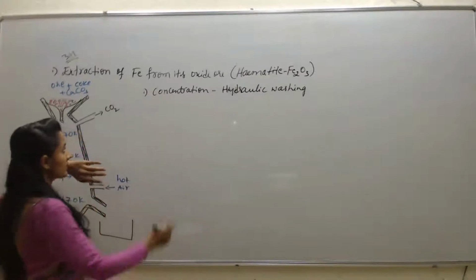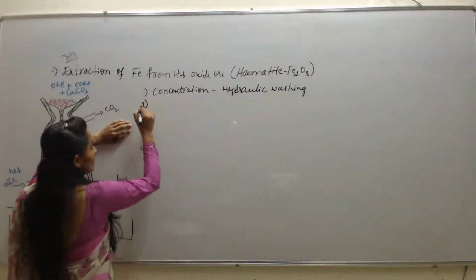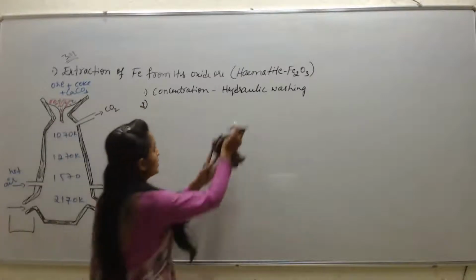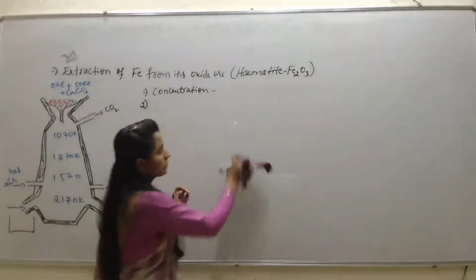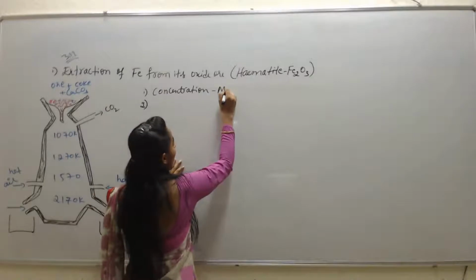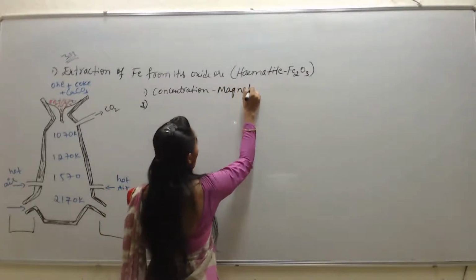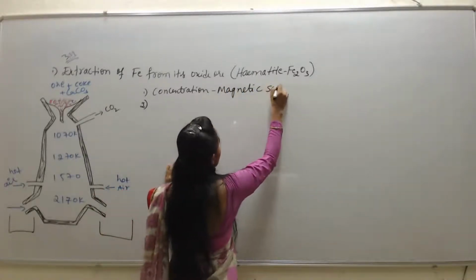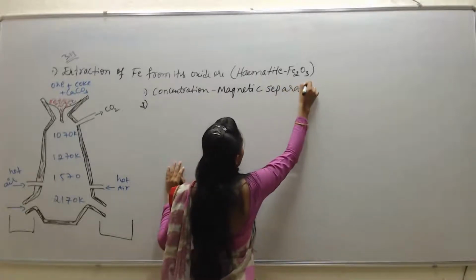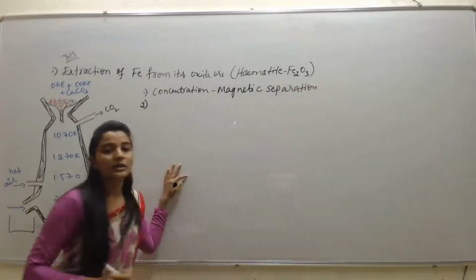Okay. So next, sorry, not hydraulic washing, sorry. This is magnetic separation. Why is it magnetic separation? Because iron is strongly attracted by what? Magnetic field.